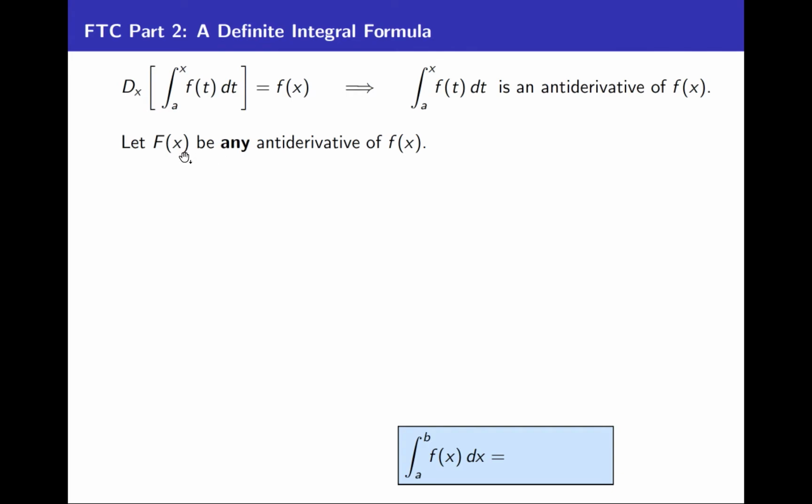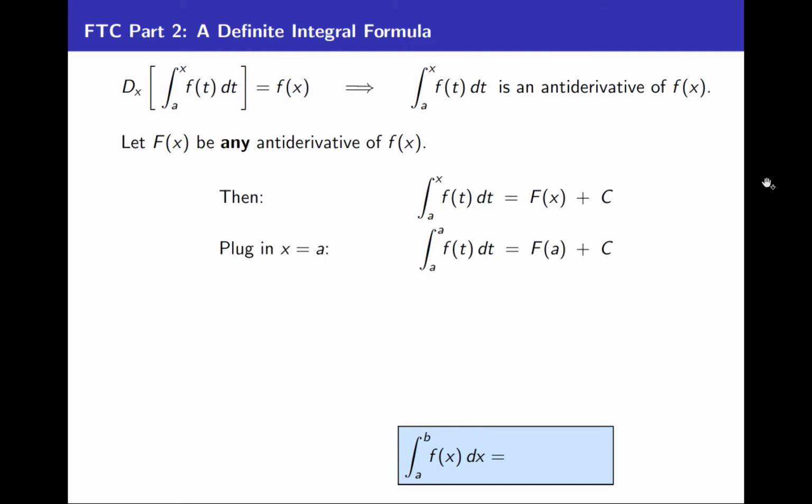So we have two antiderivatives of little f of x. And we know that any time we have two antiderivatives of a function, one will be the other plus a constant c. So this integral equals big F of x plus c.